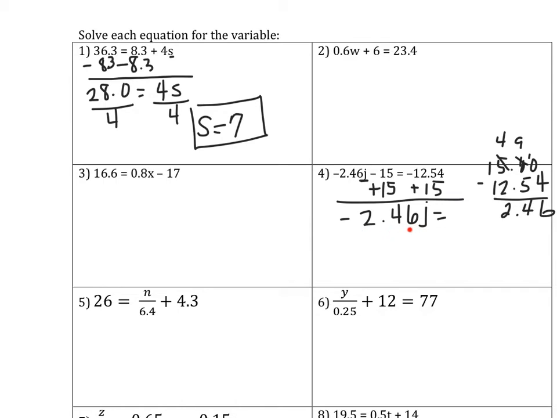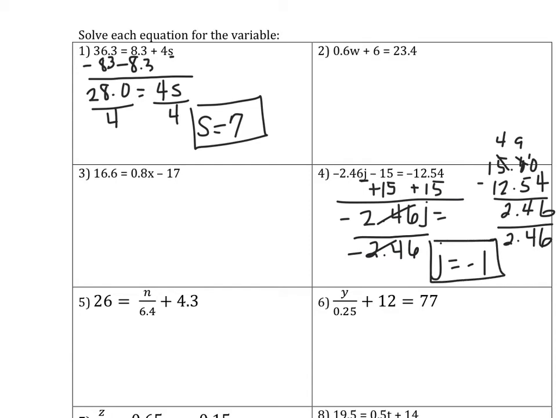It's being multiplied by negative 2.46, so we do the opposite or the inverse operation and divide both sides by negative 2.46. So those become 1j, which is just j, and when we divide 2.46 by negative 2.46, we get a negative 1. So j equals negative 1.